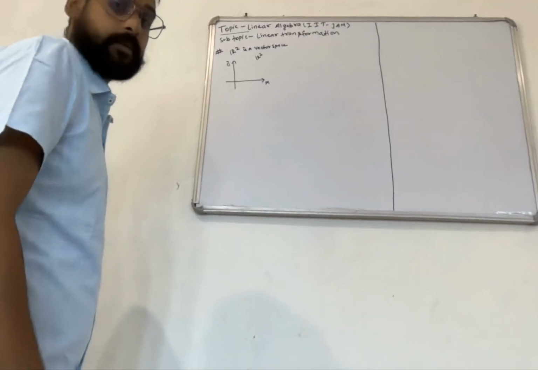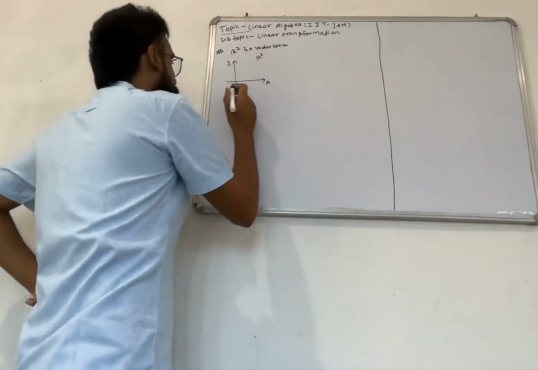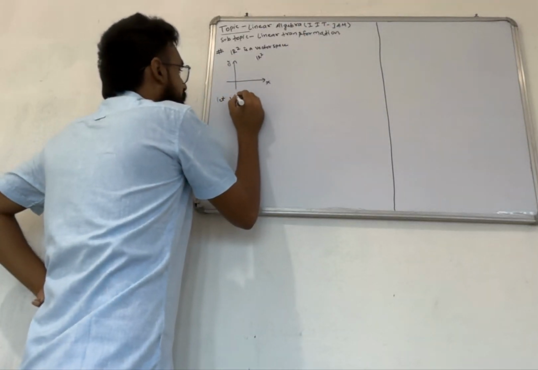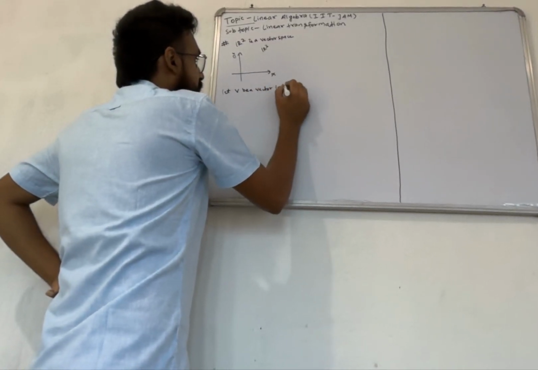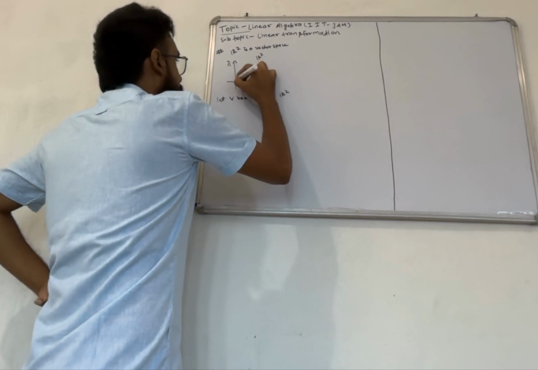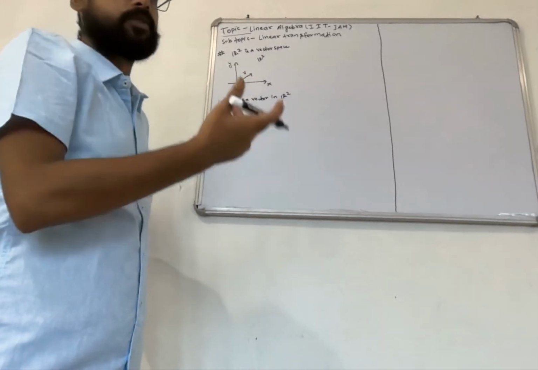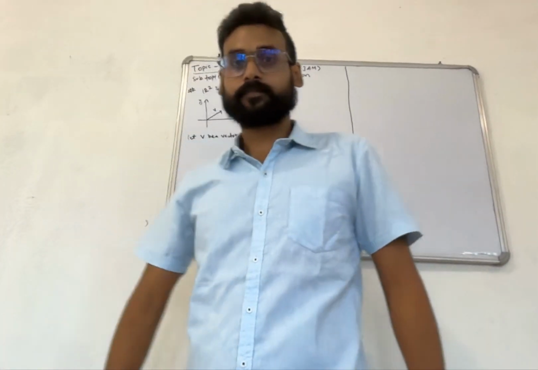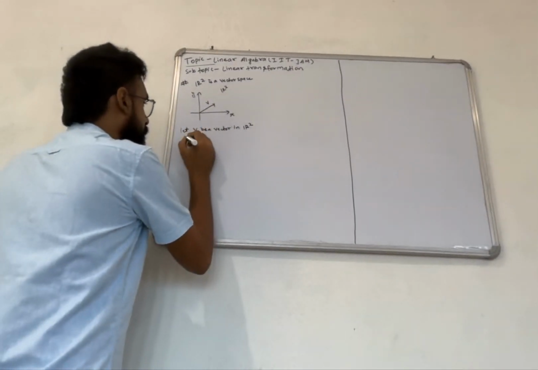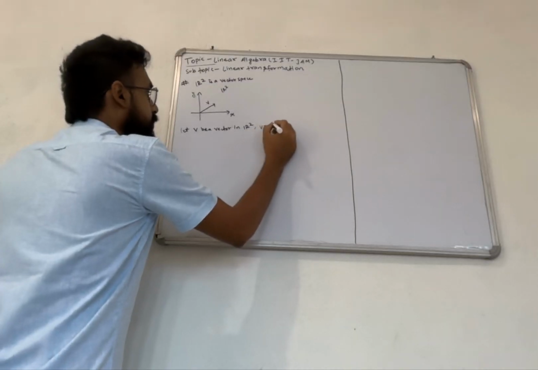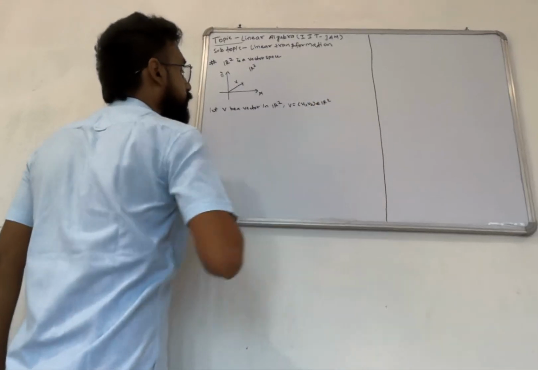Now we have one vector, say V. Let V be a vector in R2, and this has two components. V is equal to V1 and V2, belonging to R2.